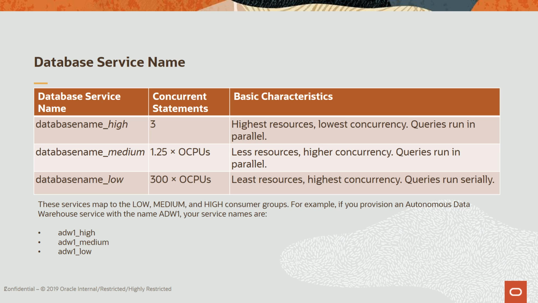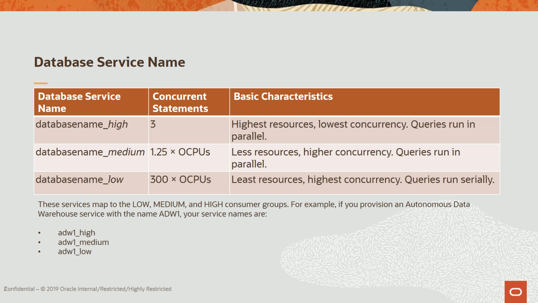So you can see in the formula, if you provision your database with 3 OCPU, the maximum number of SQL statements will be 1.25 multiplied by 3, so the maximum number of SQL statements will be 5.